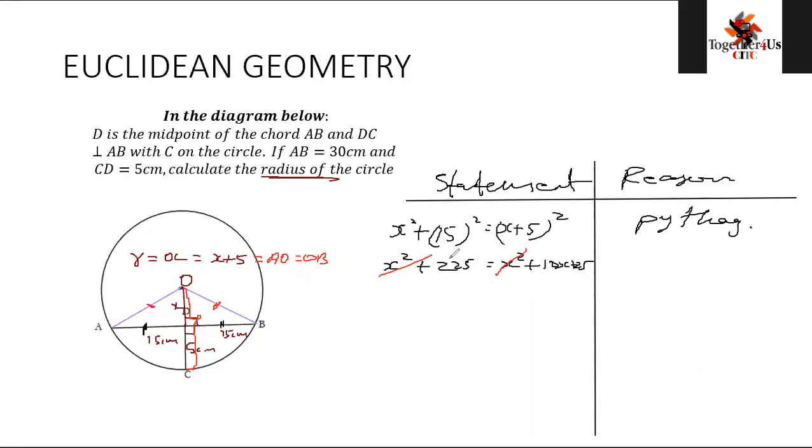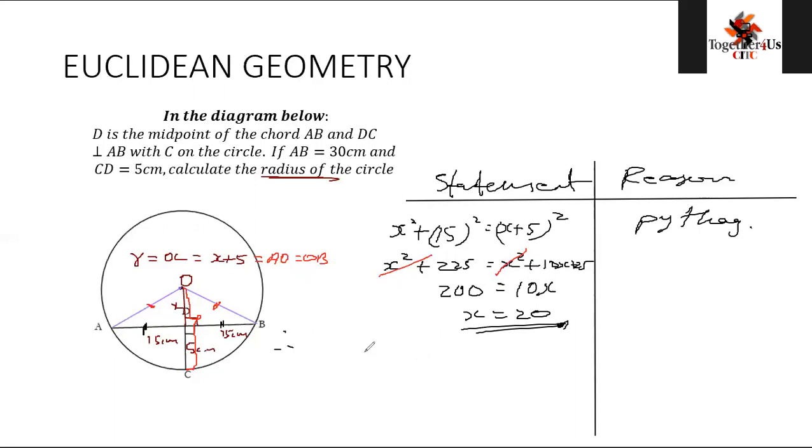Now we've got this thing here. If we group like terms, we're going to be left with 200 is equal to 10x. And of course, I'm going to divide by 10, and you will agree with me then that x should be 20. And so that means this thing here is 20.